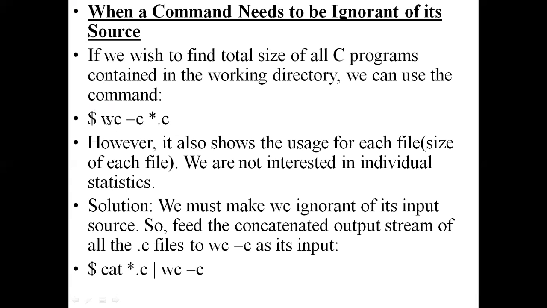So you can get to know the total file size because it will display the number of characters. So we can decide the file size by looking at the number of characters. For all files with the .c extension, it will display the number of characters. However, it also shows the usage for each file size.